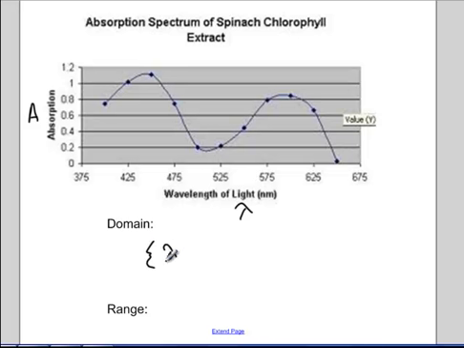I'm going to put my wavelength variable, and we're going to see that the lowest value here, we'll say that's right around 400. So 400 is less than or equal to, and it's equal to because this is a closed dot. We're saying that it's equal to at that spot my wavelength, which is less than or equal to, and we'll come over here, and that looks like 650.